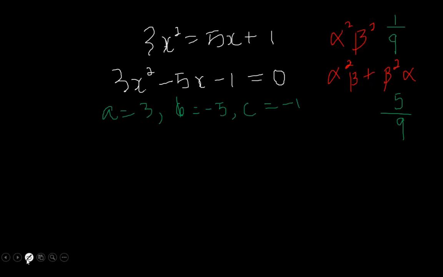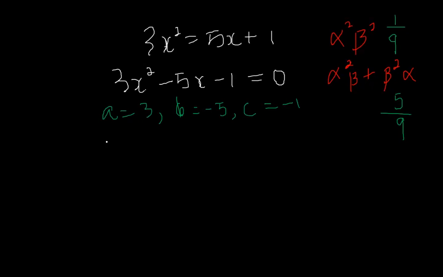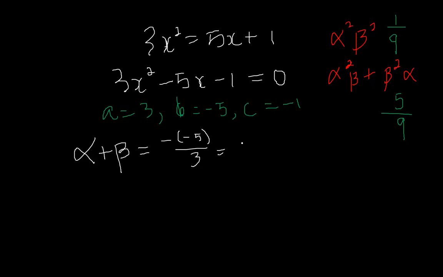Right. So can anybody tell me what's the third step? To find alpha plus beta. So alpha plus beta, what would it be equal to? It would be equal to negative 5 over 3, which is 5 on 3, because a negative and a negative is positive.